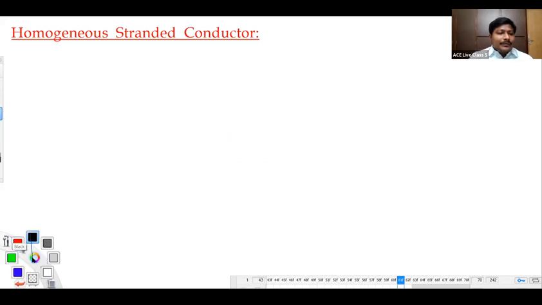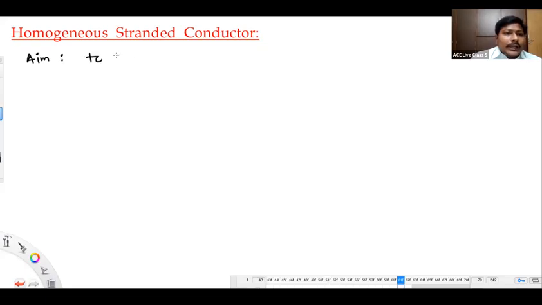The main aim of this conductor, as we said earlier, is to reduce the skin effect. Kindly listen.